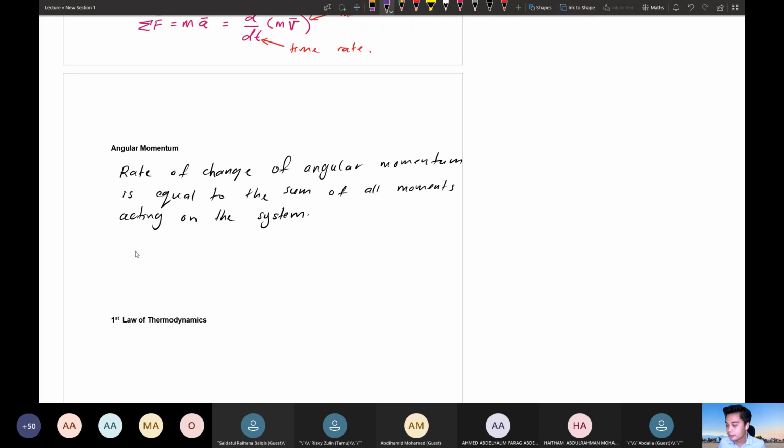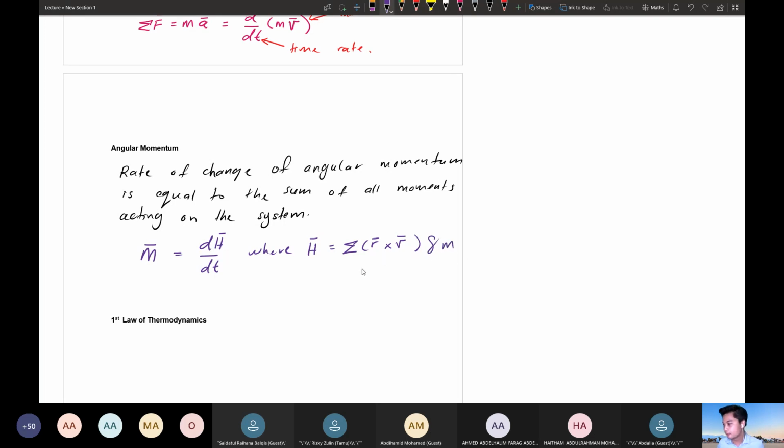Angular momentum equal to dH, this is the vector, over dt. Where H is equal to the summation of R cross product with velocity multiplied with the small change of mass.